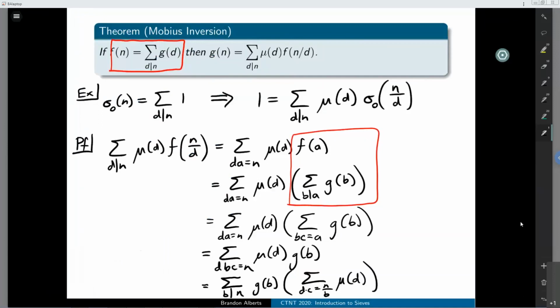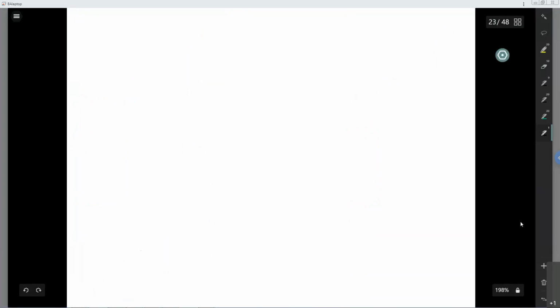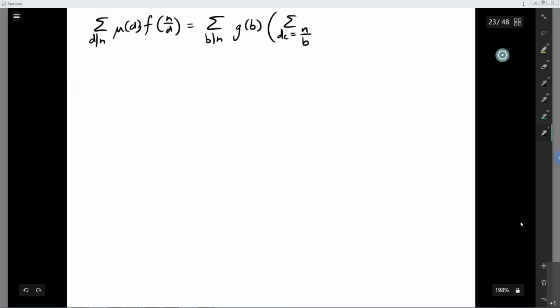We're going in the backwards direction now. So we'll go to the next page. I will rewrite where we were. We had the sum over b divides n, g of b, sum over the factorizations of n over b into two positive integers, the Mobius function.